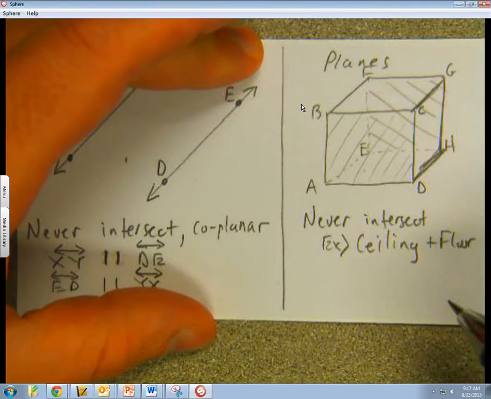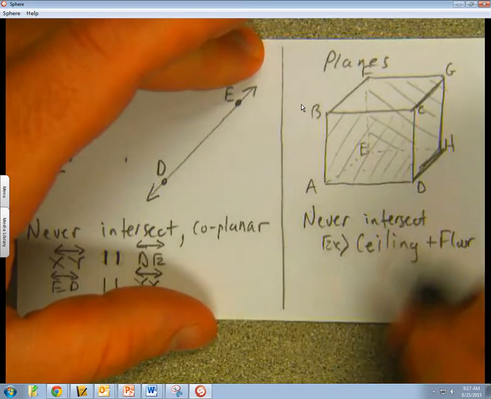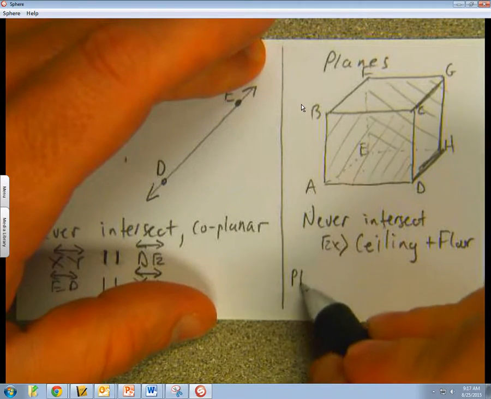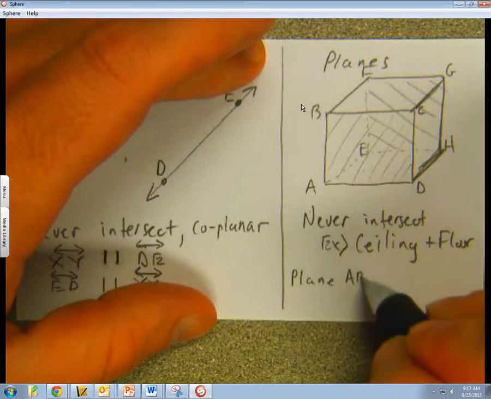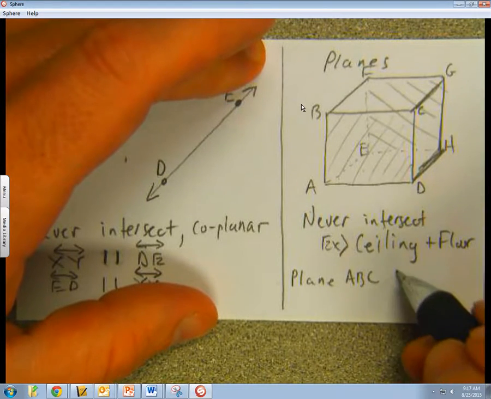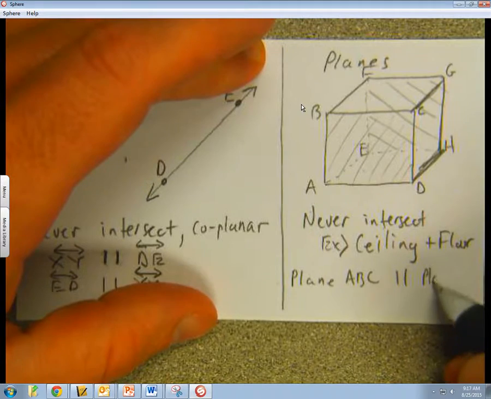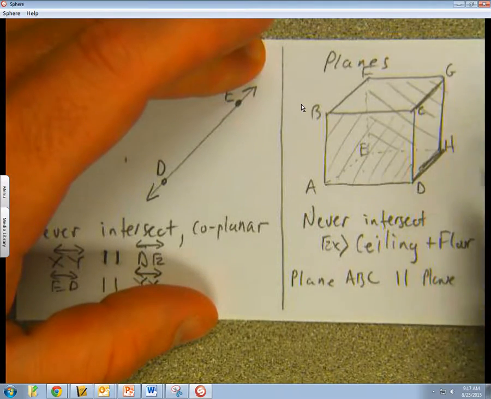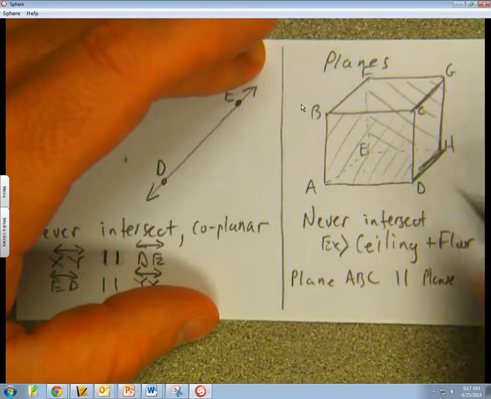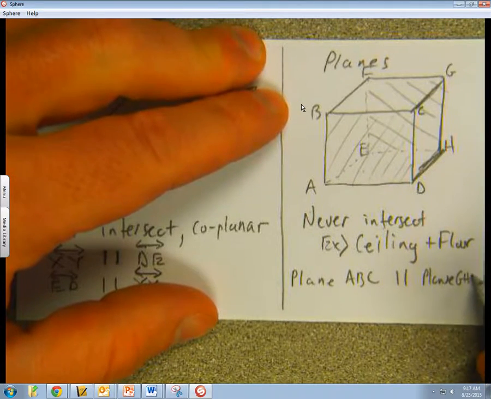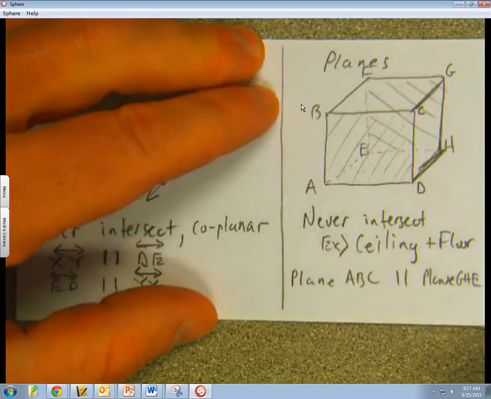The way we would write this is we would say plane ABC is parallel to plane GHE, or EFG, or however you want to write it. I'll write it as GHE just to show you some variables.